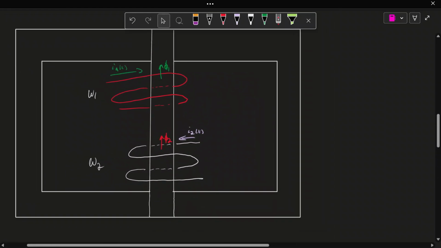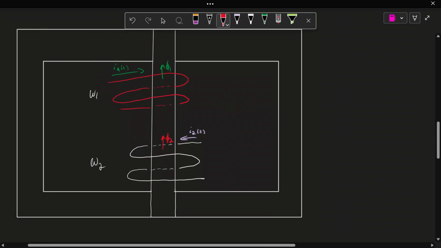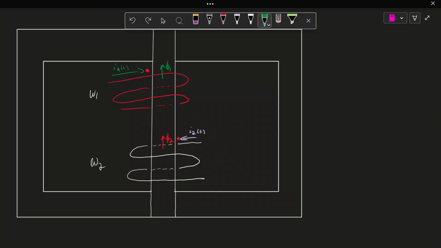And just so you know, with transformers, this obviously isn't shown on the physical device, but they denote this in circuit diagrams as a dot. So if your current is going into the dot, let's just take I2 as an example here. If I2 is going into the dot, that means there will be a plus at the dot of the other winding, and then a minus at the other.